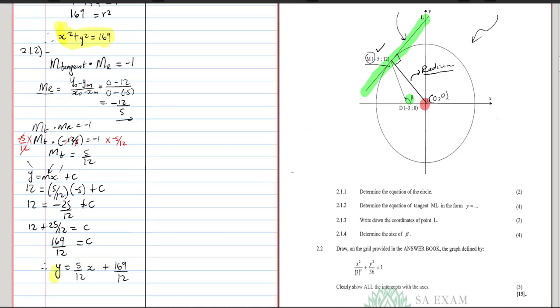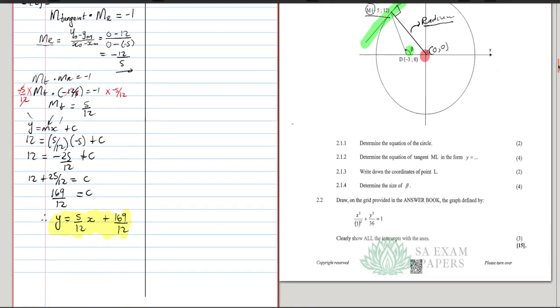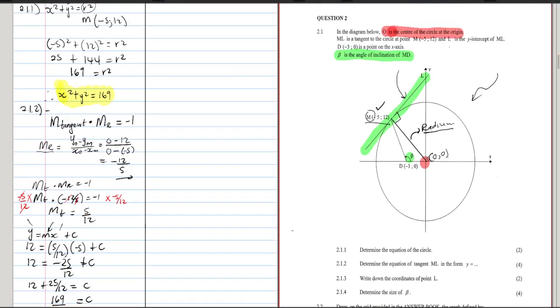Where's my marker? Alright, let me just highlight it like this. All right, next up is to write down the coordinates of L. Now, they say write down, not calculate, write down. So actually the C value of that straight line, they did mention that L is the y-intercept of line ML.